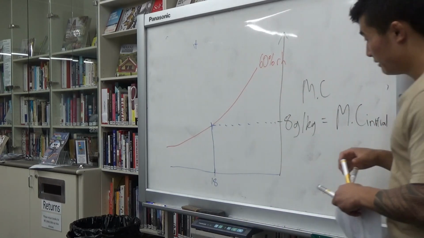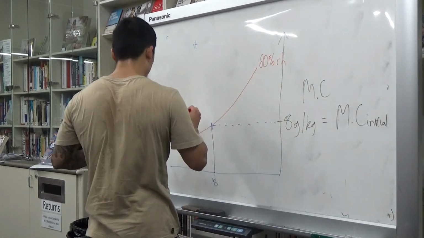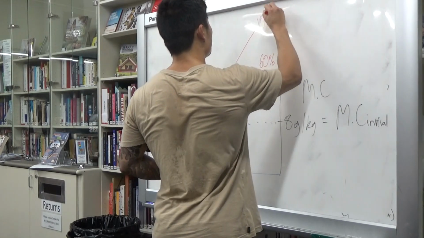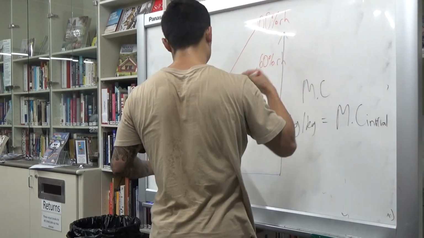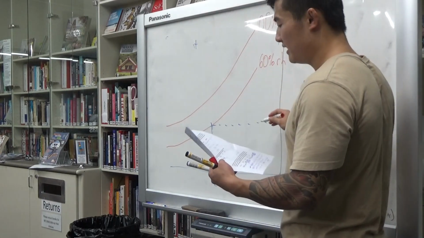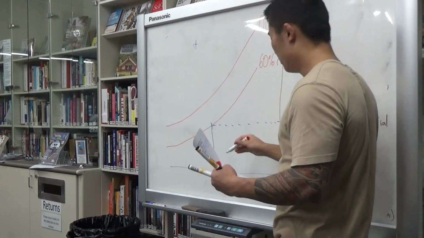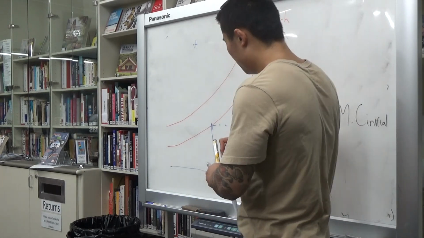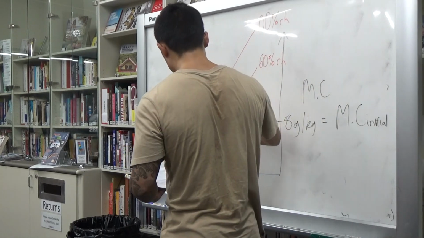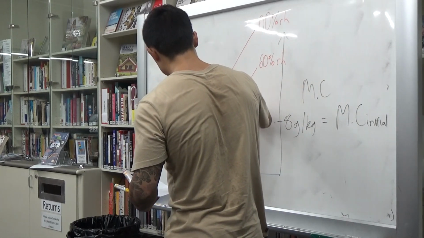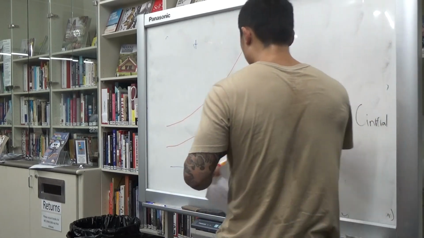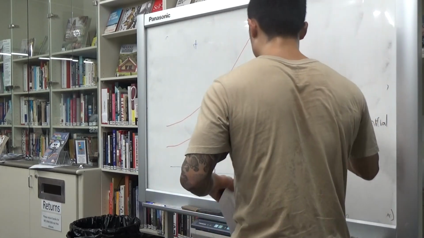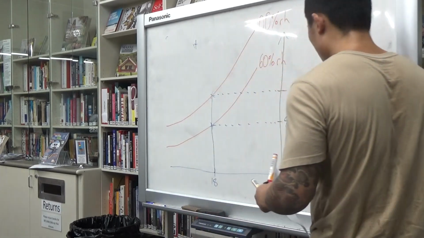And then what's happening is that you're going to have your 100% relative humidity line. So the moisture content of the room is going to increase while the dry bulb temperature doesn't change. So we're going to keep going vertically until we meet that 100% relative humidity line. So now we're here, and then we're going to move across to the right to find out what our new moisture content is.